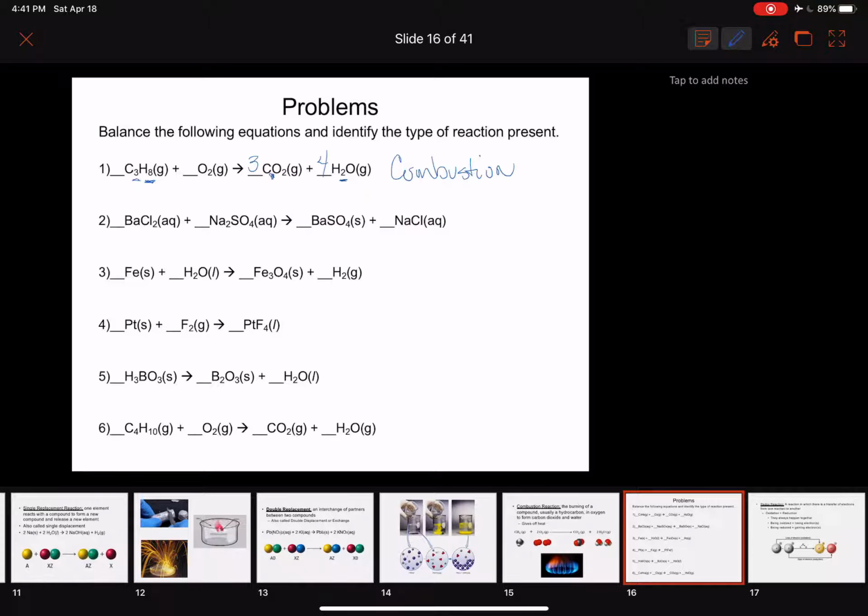All right, so we move on to oxygen, and that's generally the order that we do the balancing for combustion reactions in. We go carbon, hydrogen, oxygen. And the 3 carbon dioxides that we have, that gives us how many oxygens?